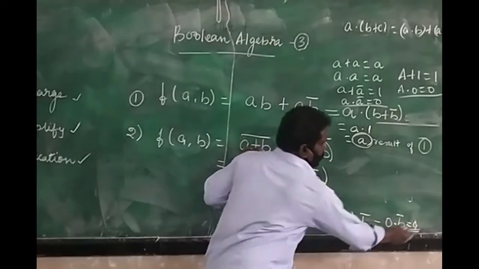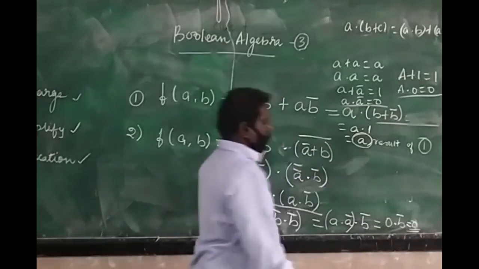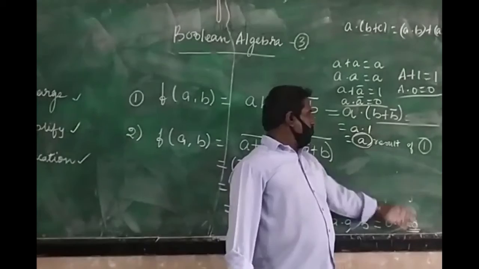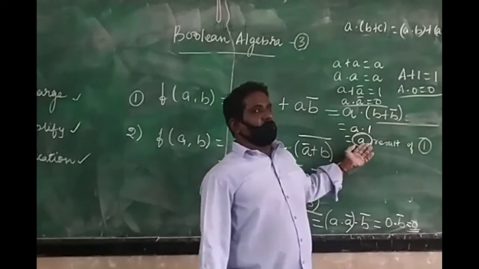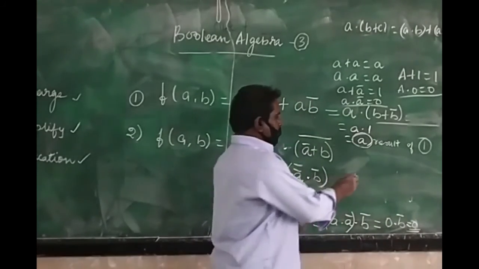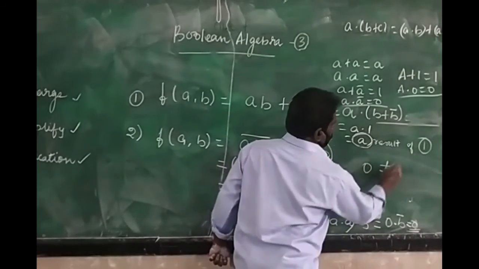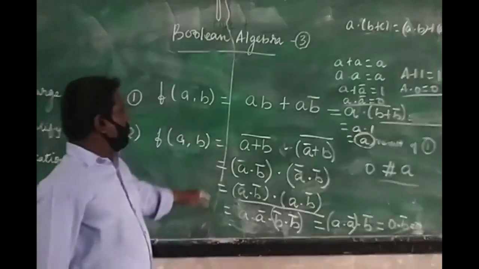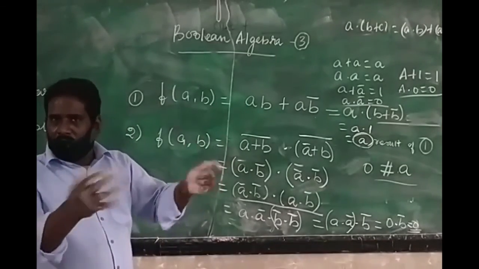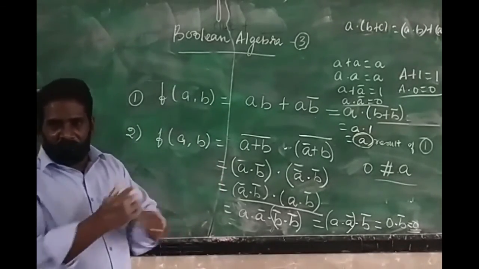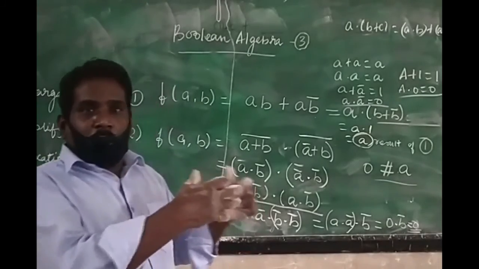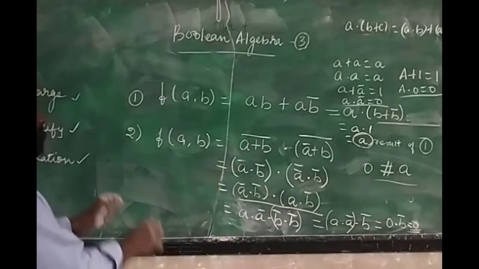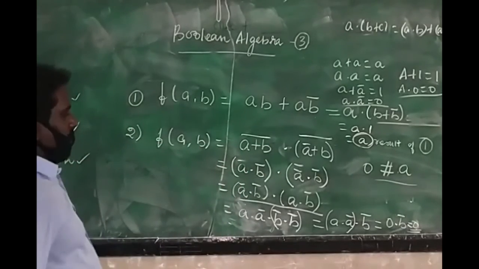But here we have simplified and got 0, and in the first function we got A. So 0 is not equal to A. So both the functions are not equal. Like this we can verify whether two different functions are equal or not.